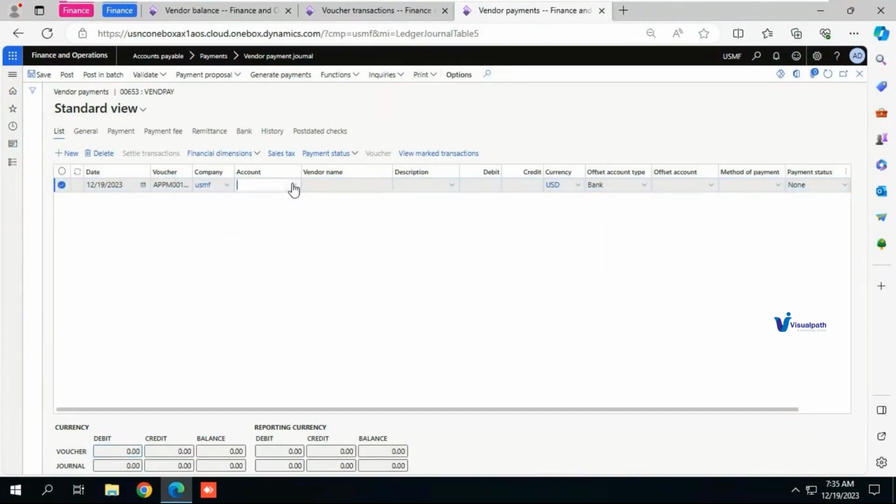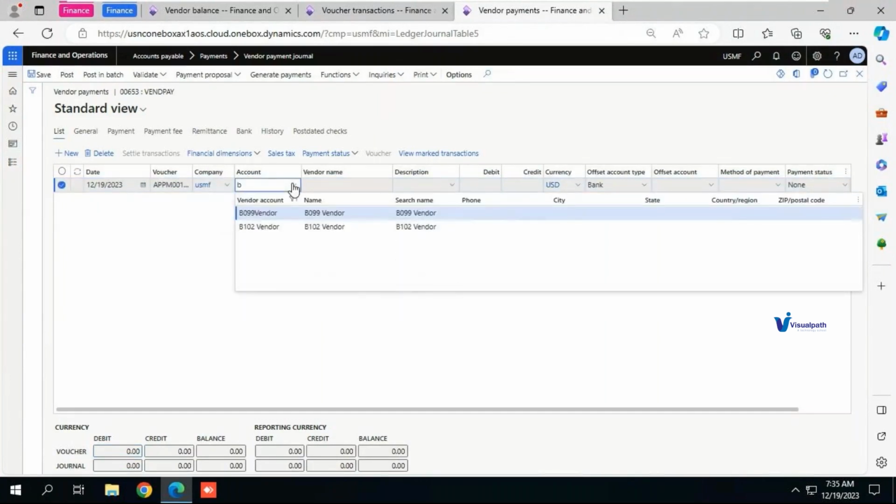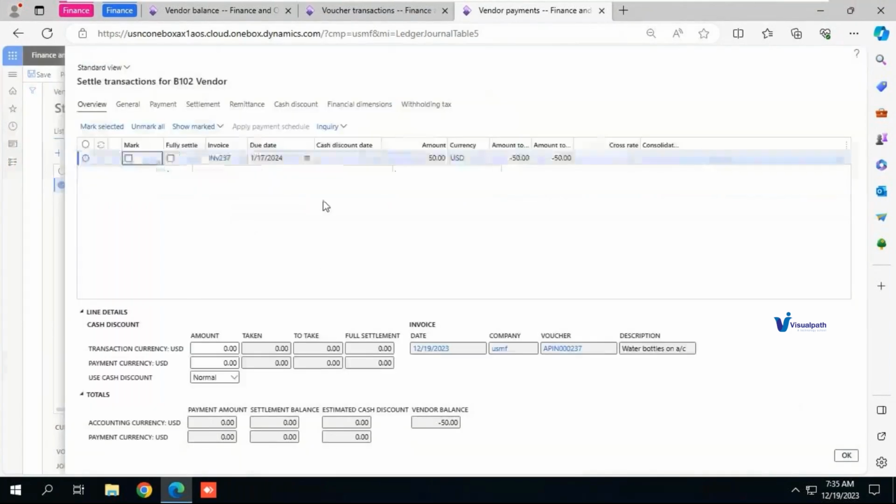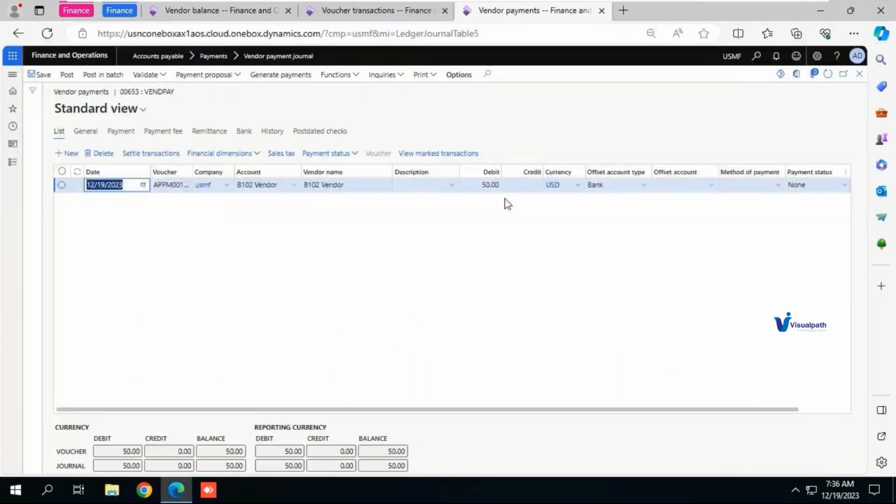Select the vendor. Just now we have created vendor B102 vendor. For this, now you can click on settle transactions. Settle transactions. You can select that invoice, already 50. Click OK. It is updating automatically. So payment for water bottles.